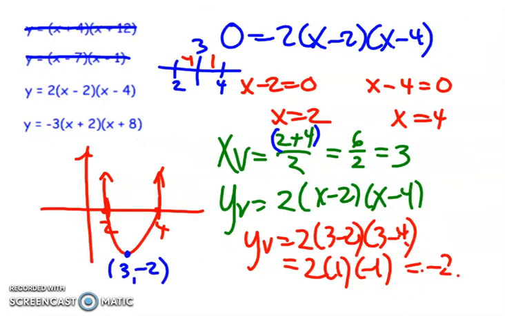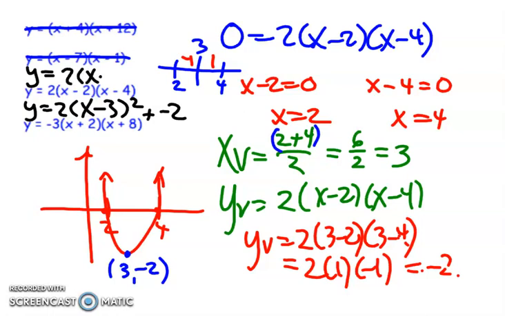In the third problem, we do have an a value, so it becomes y is equal to 2 times x minus 3 quantity squared plus -2. The x value or h value in the vertex is 3, and the y value or k value is -2. We do a plus -2, so we could also rewrite this as y equals 2 times quantity of x minus 3 squared minus 2.